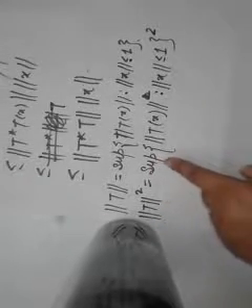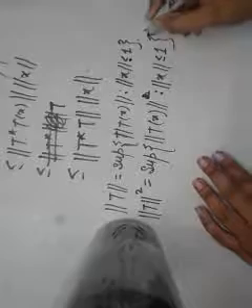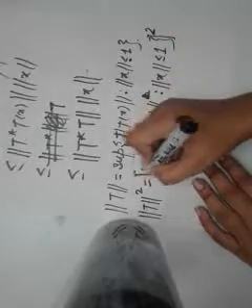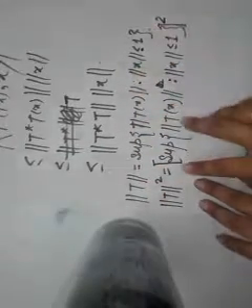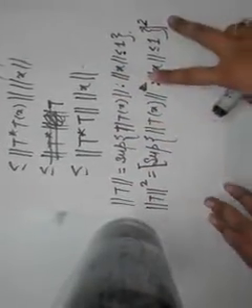So squaring both sides we will get norm of T whole square is equal to this whole of square. What we did, we have squared the equation, then we get this term.